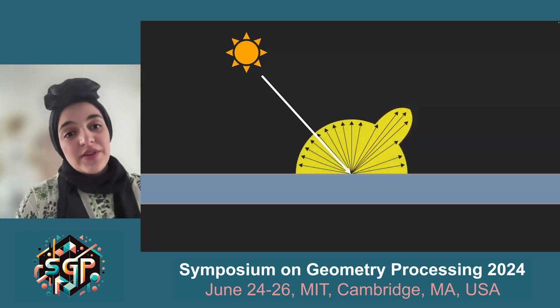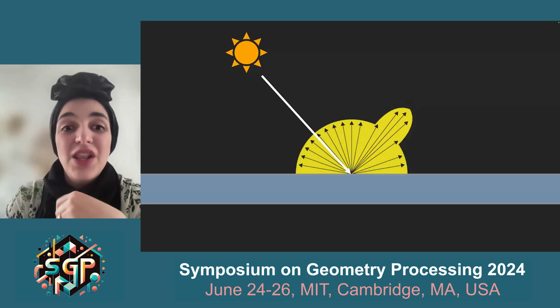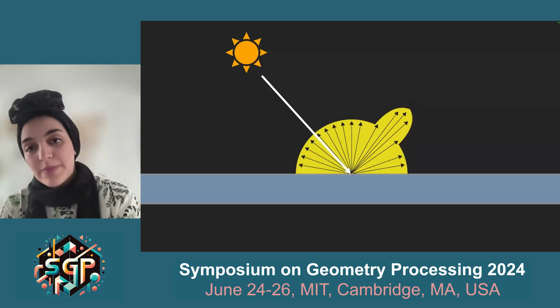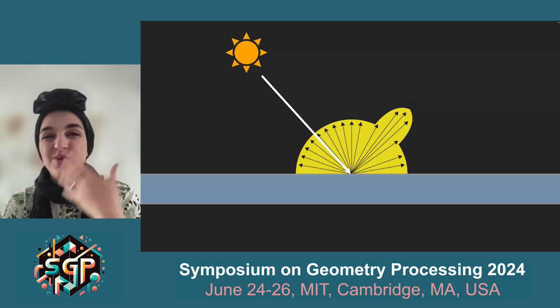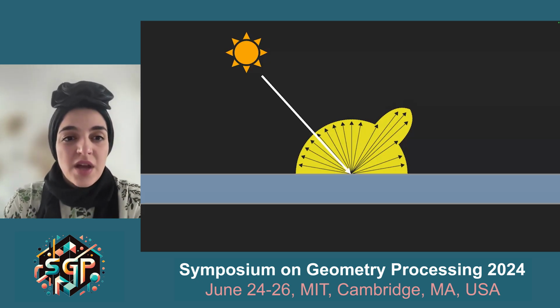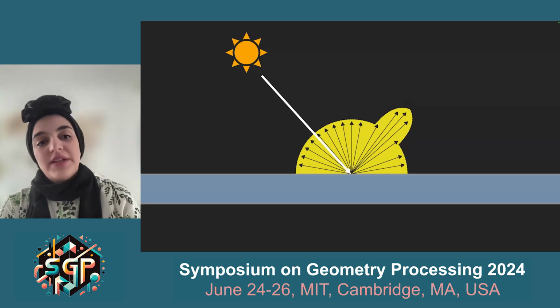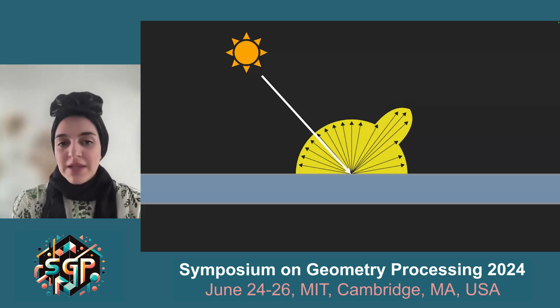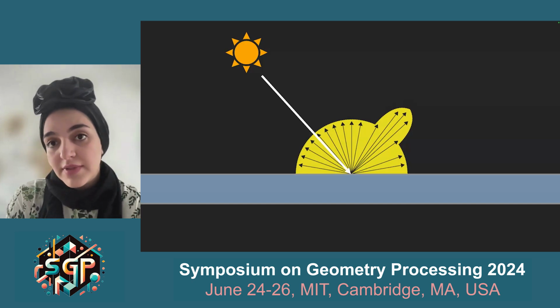If you look around you, you will see that a lot of surfaces have some combination of diffuse and specular reflection, which would look like this. Quite a lot of scattering of the light happens, but with some elements of specular reflection as well.